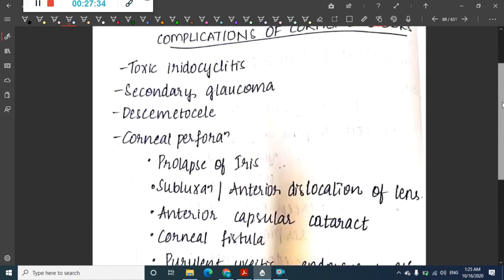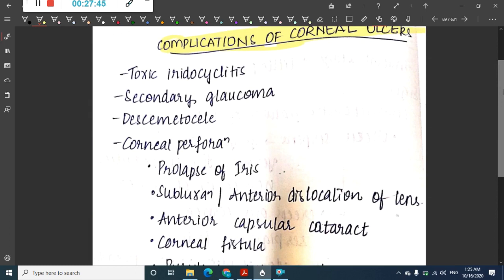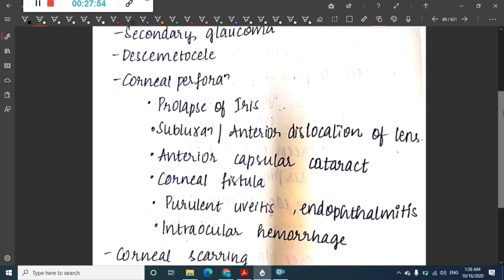Then what are the complications of corneal ulcer? The infection can spread to the iris, leading to toxic iridocyclitis. Because of the formation of the pseudocornea, which I have said, this can lead to secondary glaucoma. There can be descemetocele, which can lead to corneal perforation.